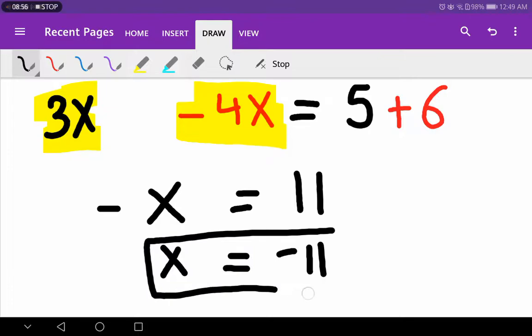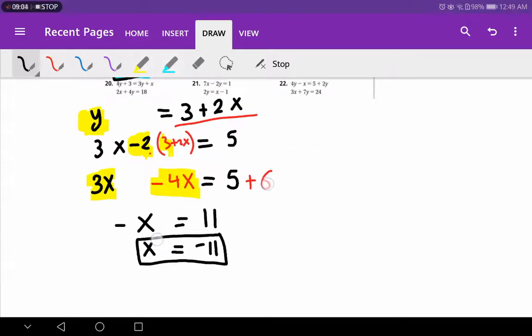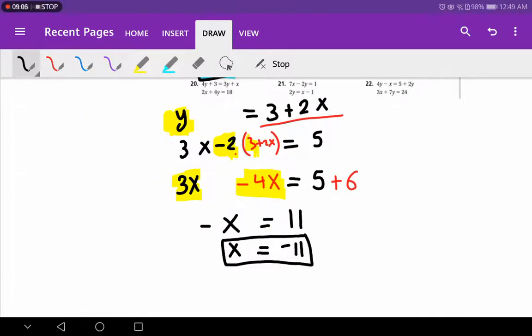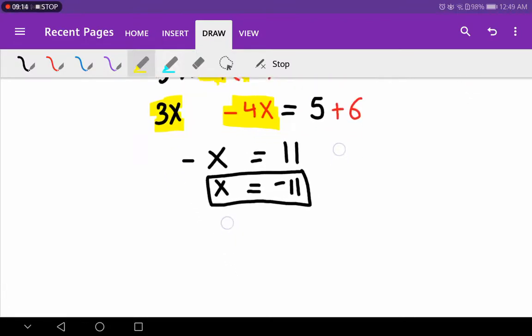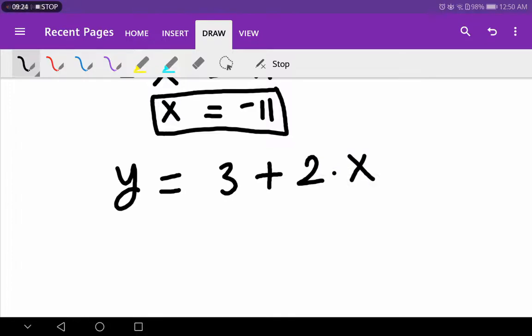So this is the first value, which is x. Now I'm trying to find y. As you see, y equals what? 3 plus 2x. Yes, I replace the x by negative 11. I write it here again: y equals 3 plus 2x.